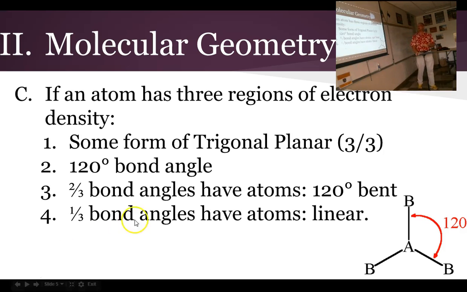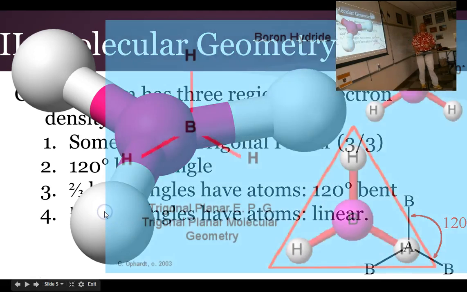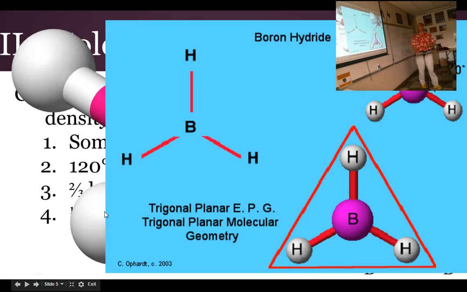So some pictures here. This is an example of a trigonal planar, where the central atom has 3 regions of electron density, and again, usually because one of those is a double bond. And so all 3 things around it, either electron pairs or other atoms that it's bound to, are flat, like in this 3-pointed star. Okay? An example of that is boron hydride.